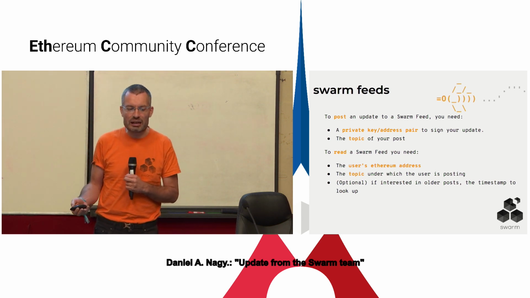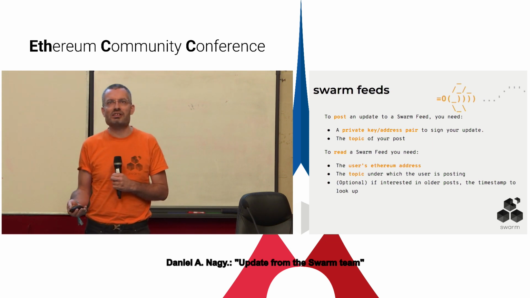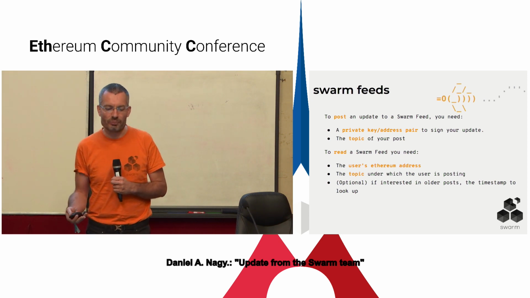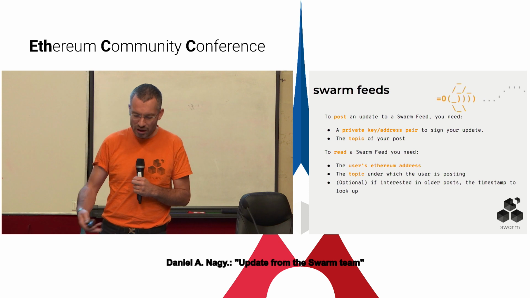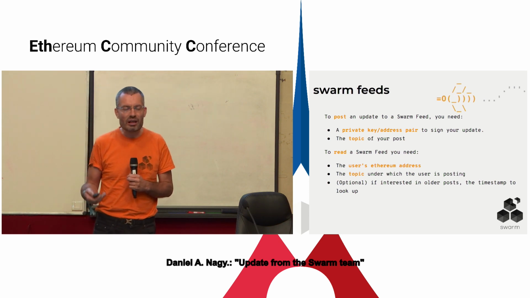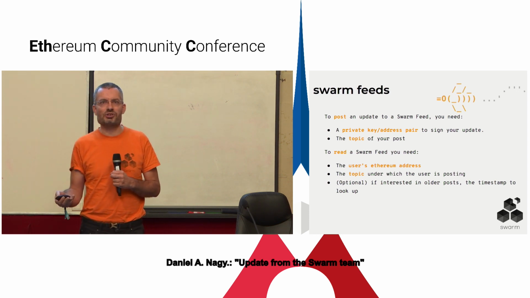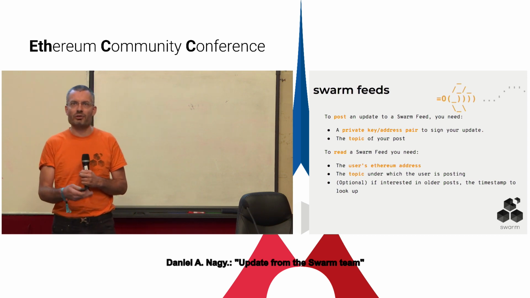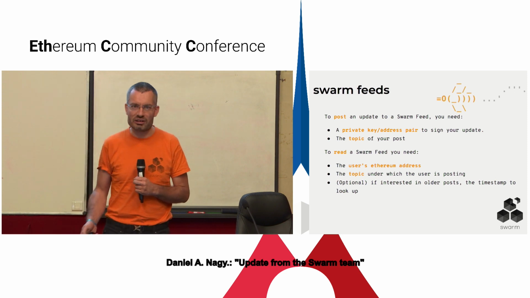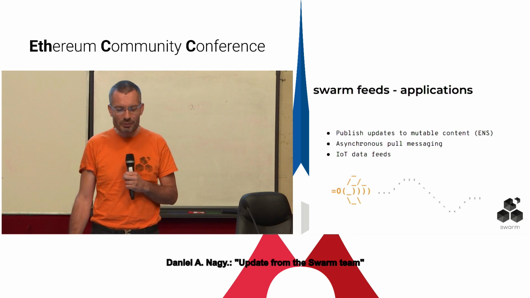So for example, imagine that you have a blog, and your subscribers who are interested in reading your blog also double as custodians, and they keep your content available, meaning that in this kind of arrangement, you are not subject to deplatforming. As long as you have loyal subscribers, your content is also available. I will talk about it in the next talk, so please come to that talk as well.